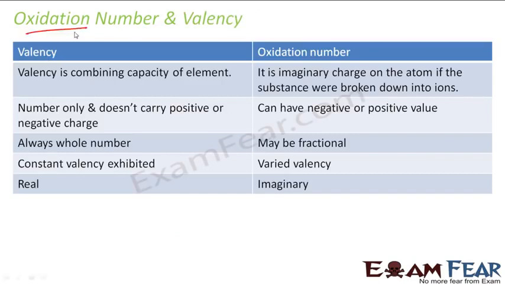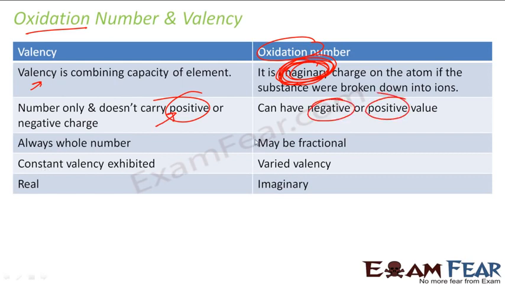Also, if you want to understand the difference between oxidation number and valency, valency is nothing but the combining capacity of an element. We have learned this in an earlier chapter. Oxidation number, as I told, is an imaginary charge which appears if the substance is broken into ions. Valency will always have positive values, but oxidation number can have positive and negative values.